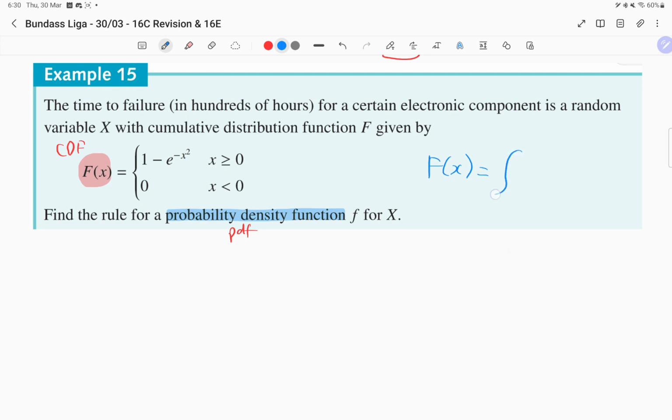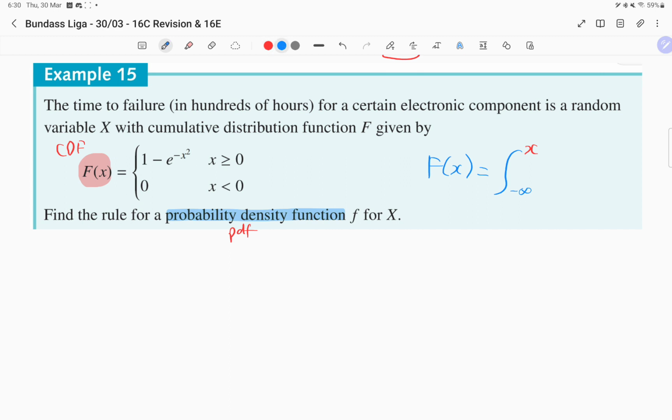Area means antiderive. To the left means it starts from negative infinity. To the left of a value x means it ends at a value x.